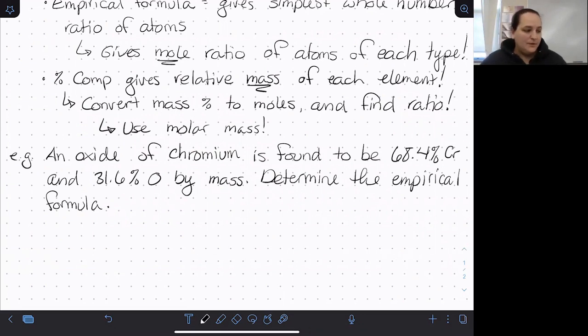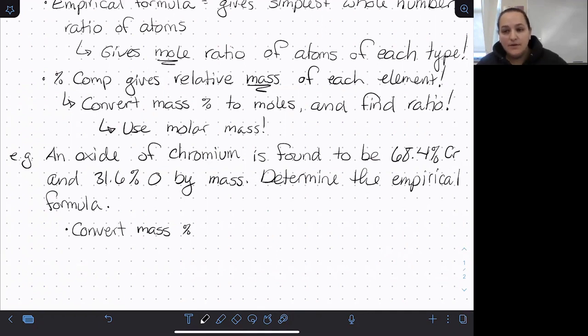First thing we need to do is to convert our mass percents into moles. So essentially what we're doing is assuming we have a 100-gram sample. Technically you can use any sample size, it's just more math if you use anything else.